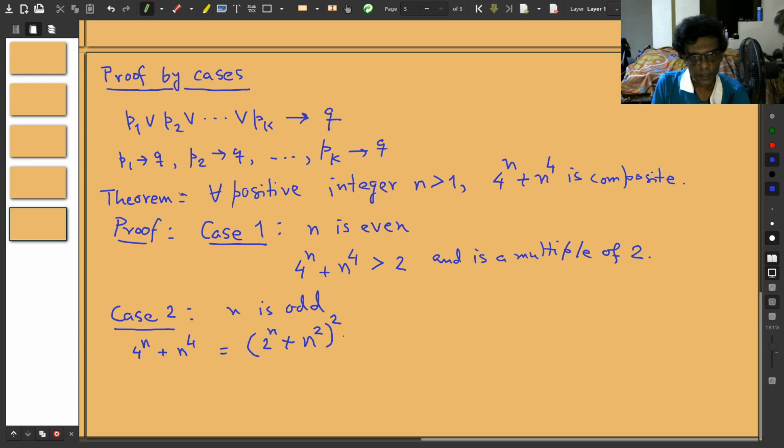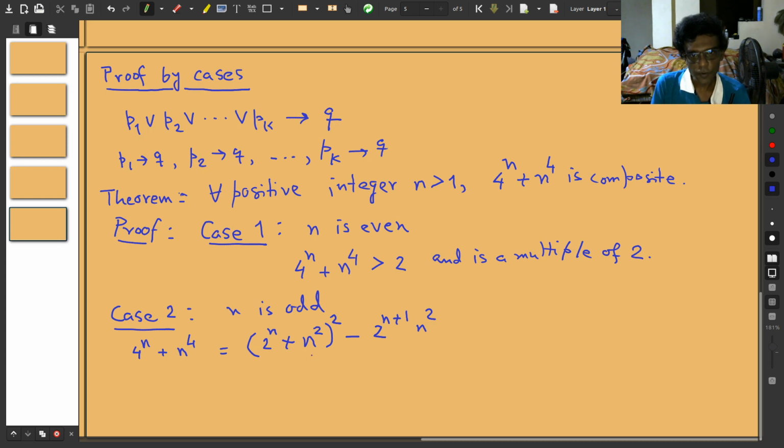So if I consider this square, I have to subtract the 2ab term, right? 2 times this times this. So that will be 2 times n plus 1 n square. Now since in this case n is odd, n plus 1 is even, and therefore n plus 1 by 2 is an integer.